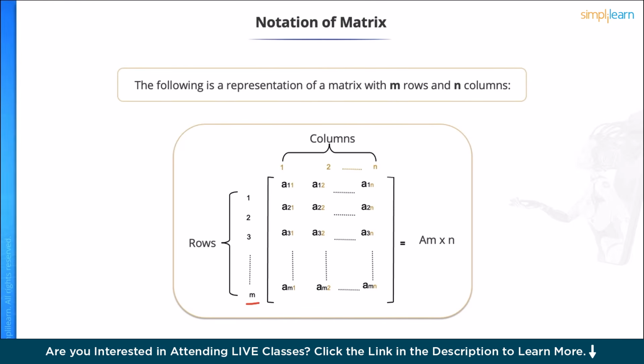A matrix with m rows and n columns can be presented as this. Here, each element is identified by its row number and column number. For example, the element over here is in the 3rd row and the 1st column. Hence, it is identified as a31.